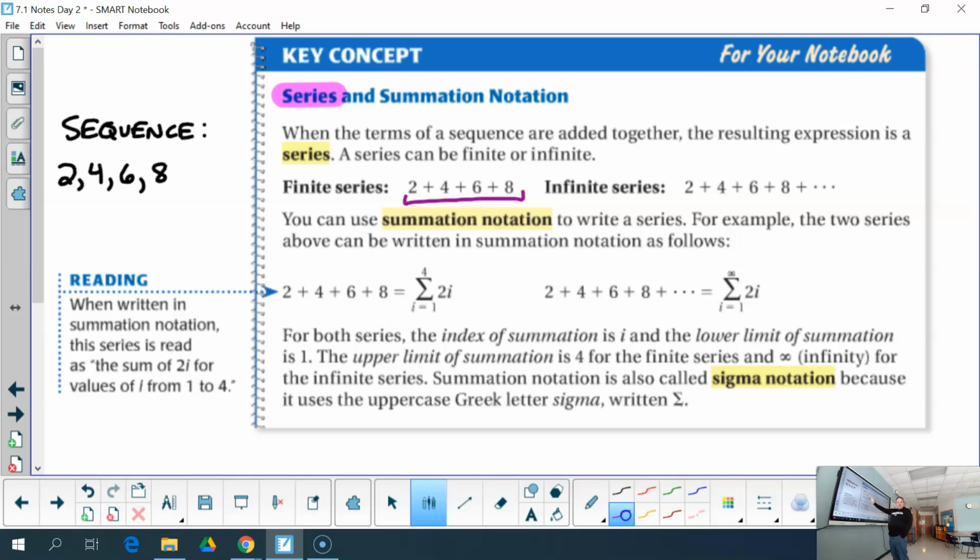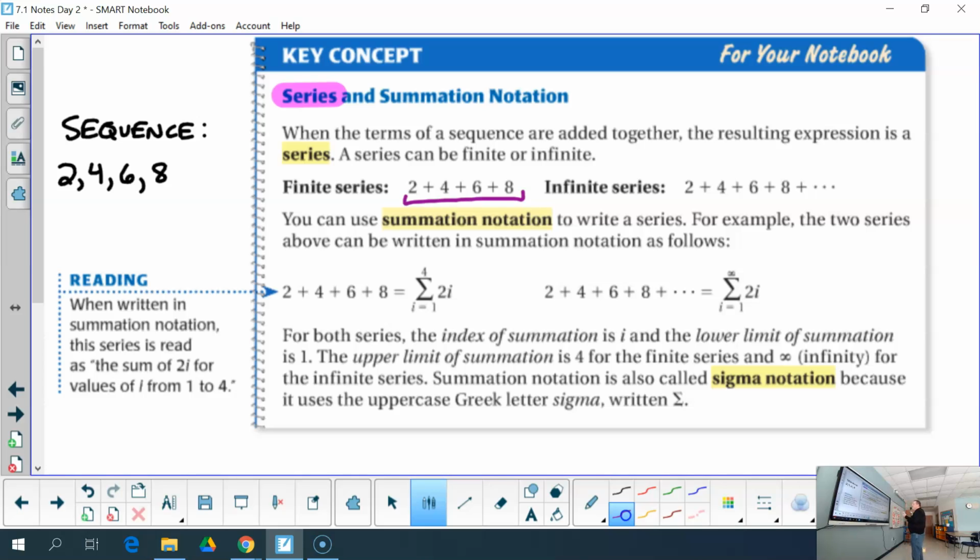There's finite series that end, it's 10 terms, it's 15 terms, but there's a set number of terms. And then there's infinite series, which the pattern would continue on forever, and it's impossible to find the sum of an infinite series because the terms go on forever and ever and ever.